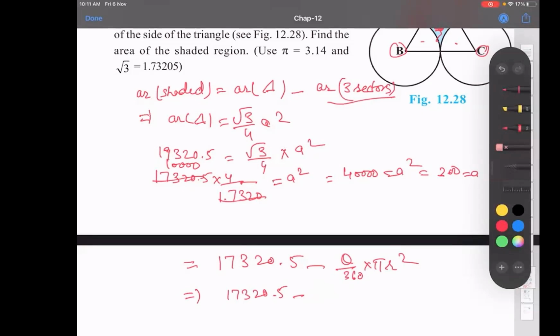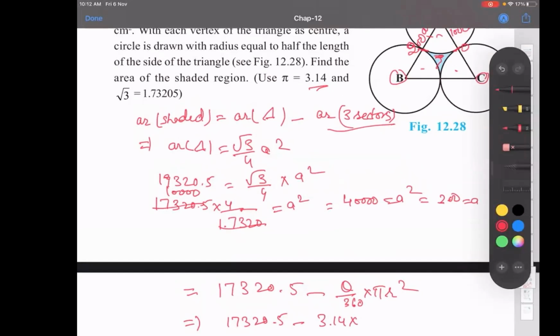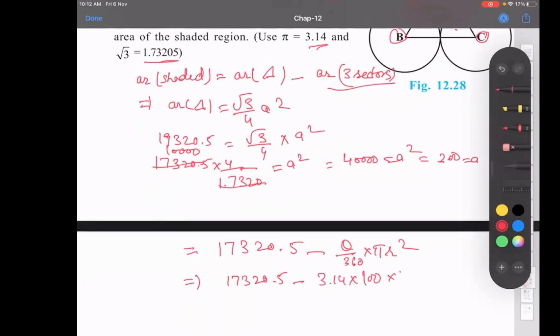Here you have to take pi equal to 3.14 and root 3 as given, r is 100, upon 6, because theta upon 360 is 60 upon 360.